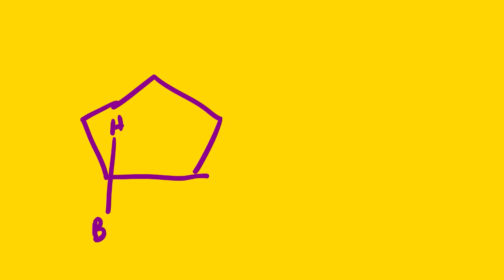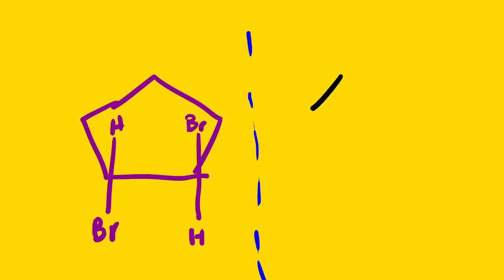Let us look at a similar molecule. We have hydrogen and Br. Then here we have Br and hydrogen. The question is, is this a chiral molecule or not? We put a mirror here. You know very well that we're going to have something like this.